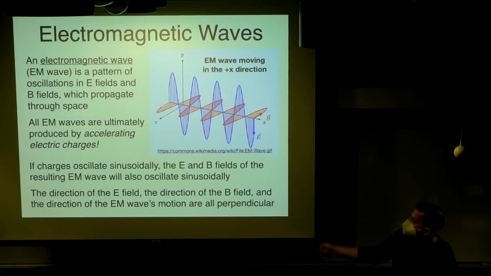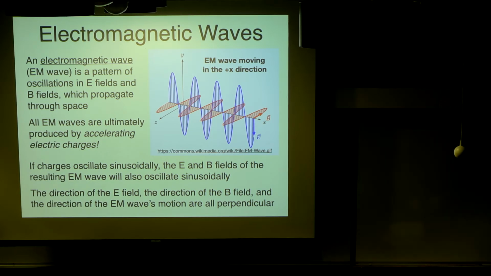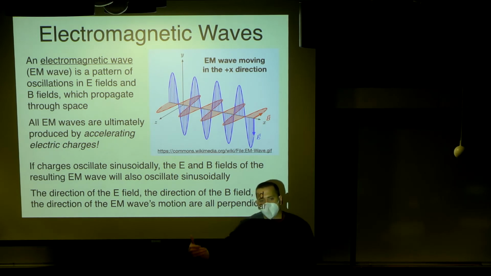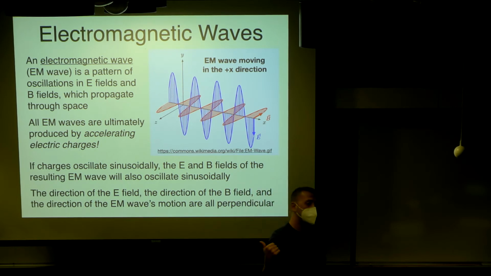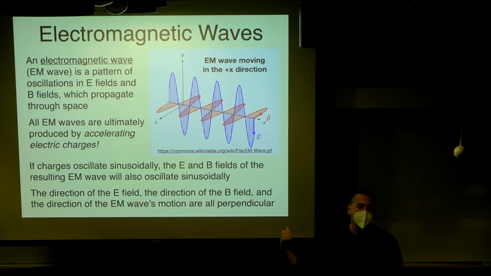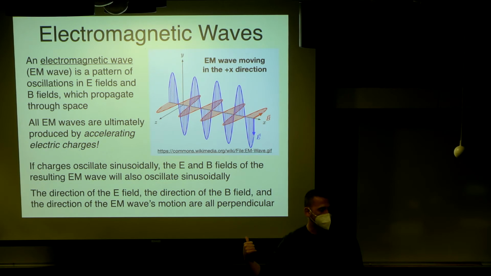We all know what a sine wave looks like, right? This oscillates up and down according to that familiar shape, okay? But one feature that I hope you picked up on from what I just showed you is that the E field direction, the B field direction, and the direction the wave is going are all perpendicular to each other, right?